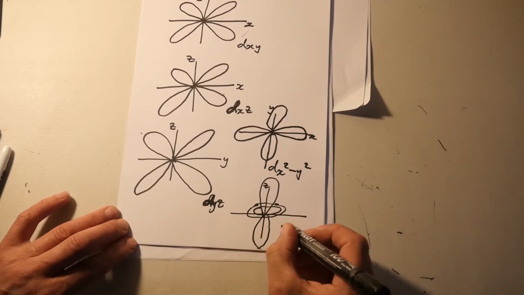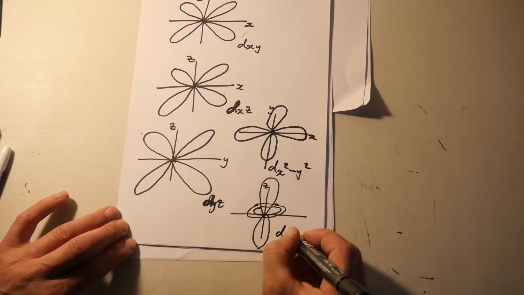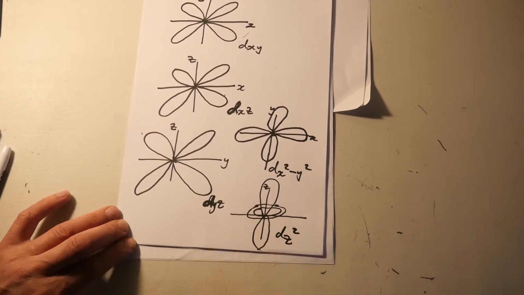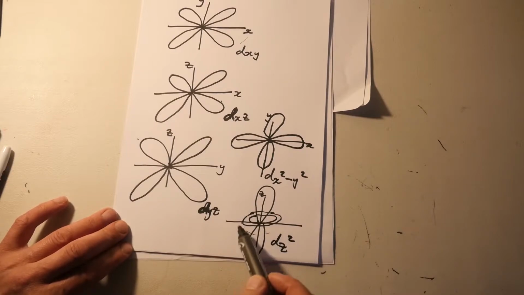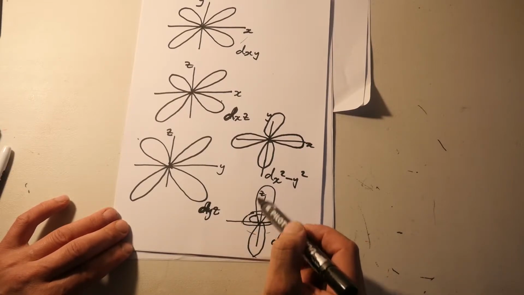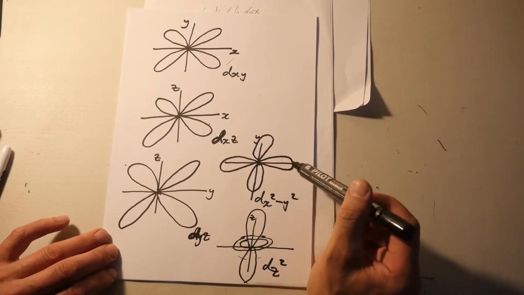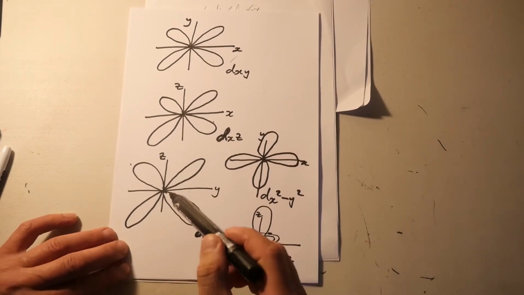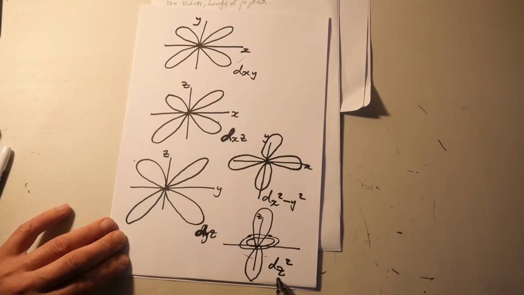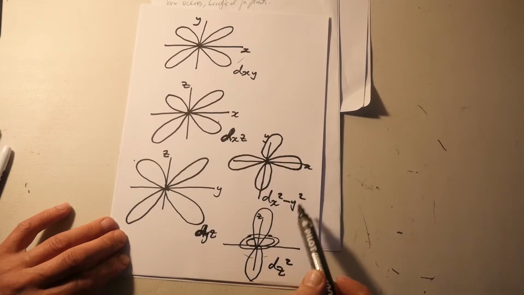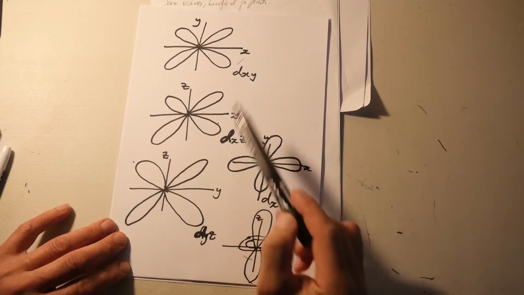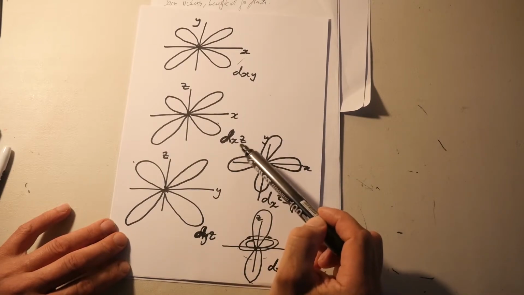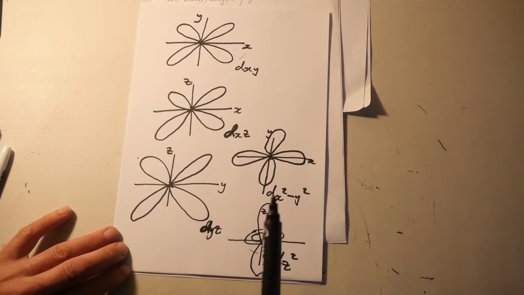So this is called the dz squared. It literally is a ring, a tube going around it, with a dumbbell over the z-axis. The others are dumbbells over the x and y, and these are between. So that's dz squared, dx squared minus y squared, dxz, dyz and dxy. That's the d orbitals.